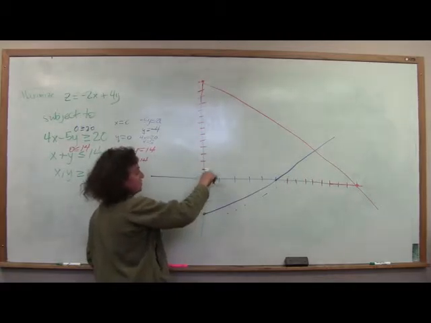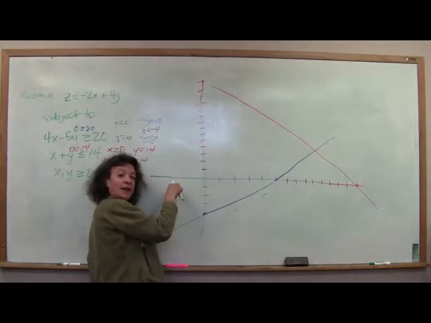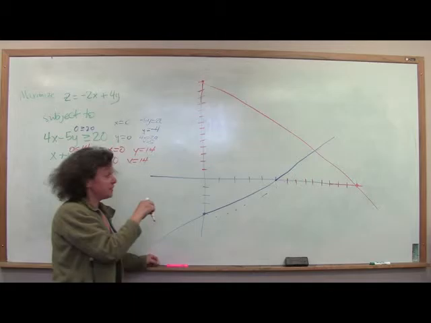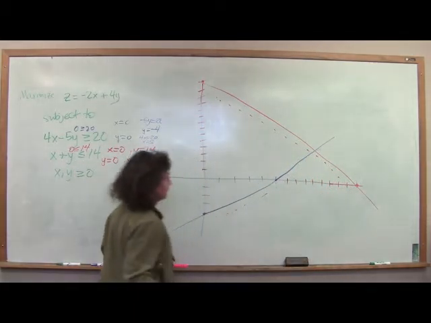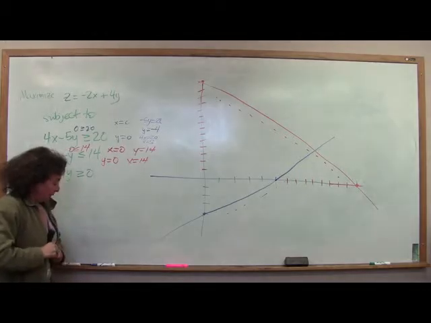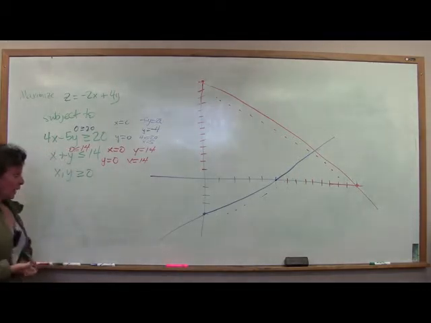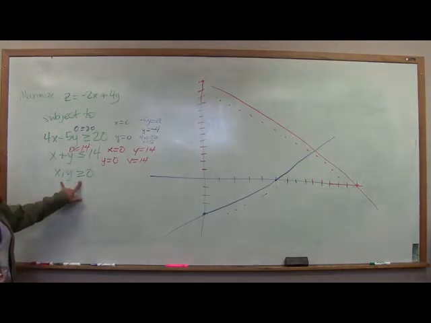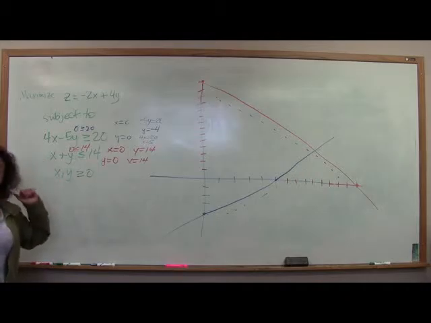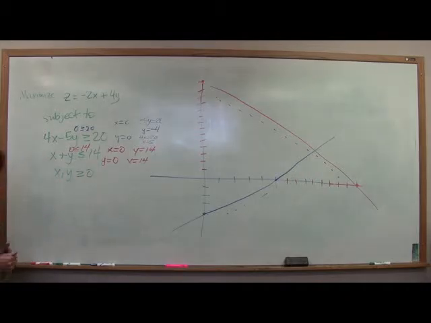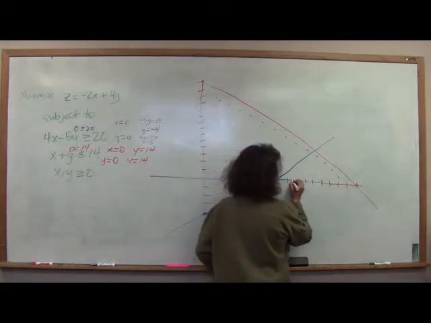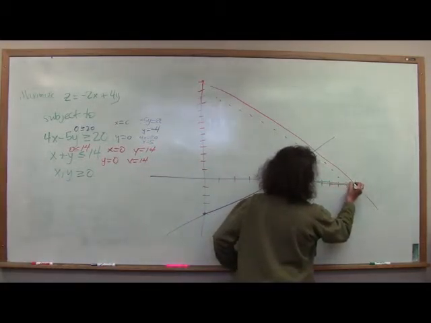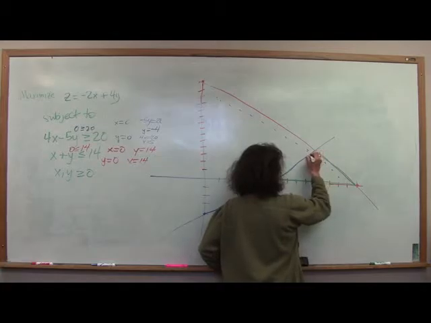So since 0, 0 lies on this side of my line, and I got a true statement, I'll shade on this side of my line. All right then. Well, this last guy tells us, hey, stay in your first quadrant. So we will. I claim then that gives us this as our feasible region.